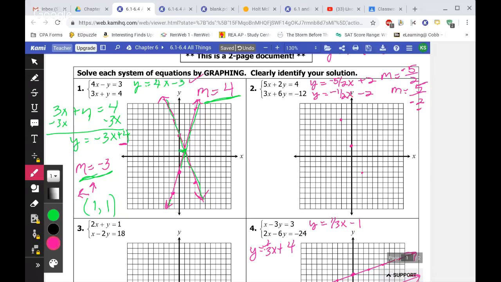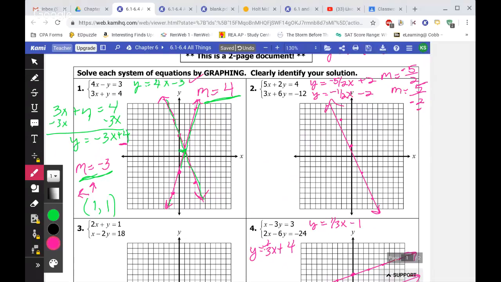Down 1, 2, 3, 4, 5. Right is positive. Okay. So, and then once again, once I graph this line, I want to double check and look at it.